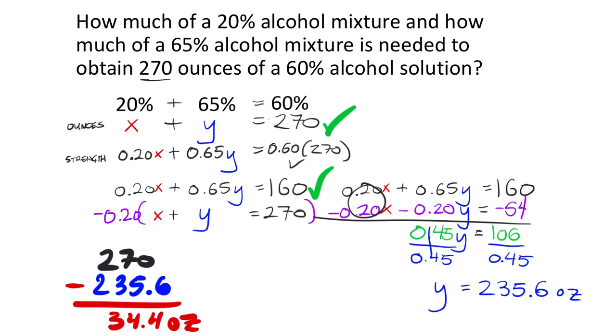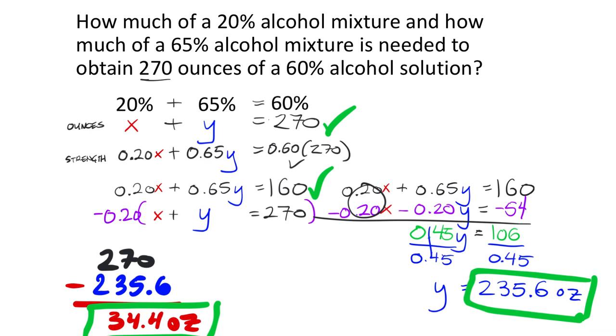Now I got 162.02 because remember, we rounded down here. So it is a little bit higher, but it's going to work. We now can see that we have in fact found the solutions. We have 34.4 ounces of the 20% solution and 235.6 ounces of the 65% solution. Again, we met both conditions that they gave us, so this one is complete.